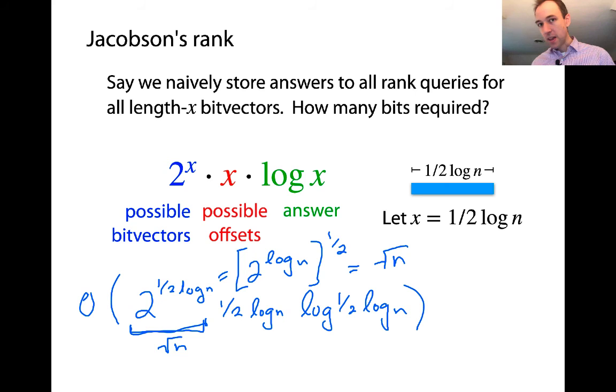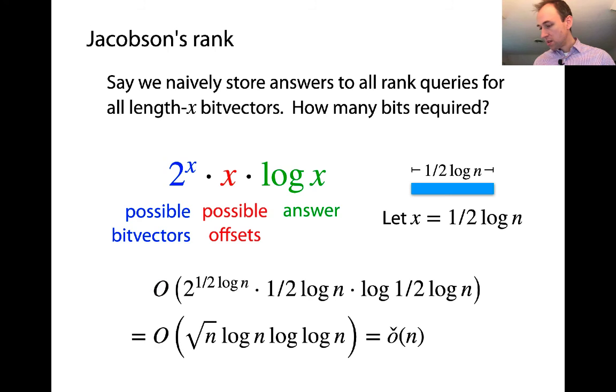And then multiplying the rest out, we have a square root of n term times a log n term times a log log n term. And this is also little o of n. This is sublinear. Okay. So we can write down all the answers to all the subchunk level rank queries in a number of bits that is still little o of n.